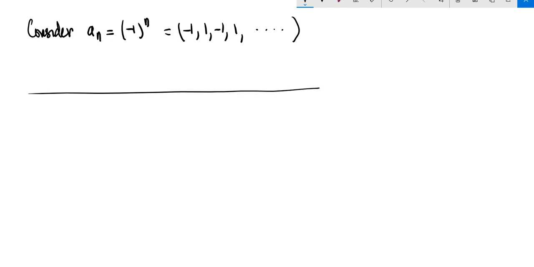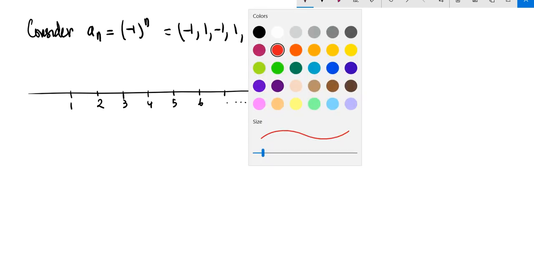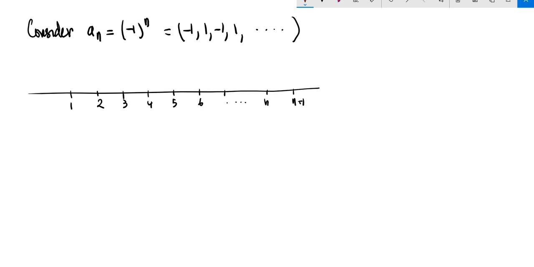And if you were to plot the terms of this sequence over the natural numbers, if this is 1, 2, 3, 4, 5, 6, and so on, then a1 is -1, a2 is 1, a3 is -1, a4 is 1, a5 is -1, 1, -1, and so on, right? So this keeps jumping back and forth in between 1 and -1. So clearly this sequence does not converge to anything.